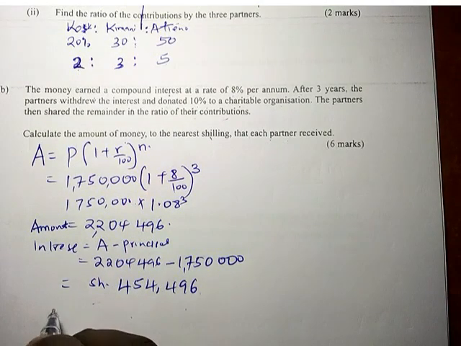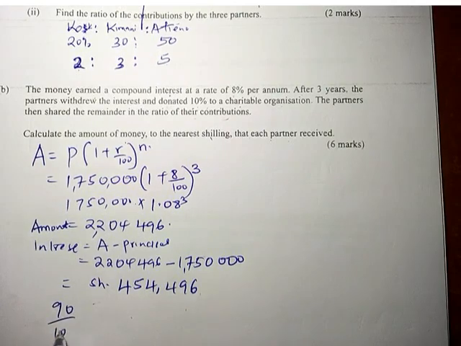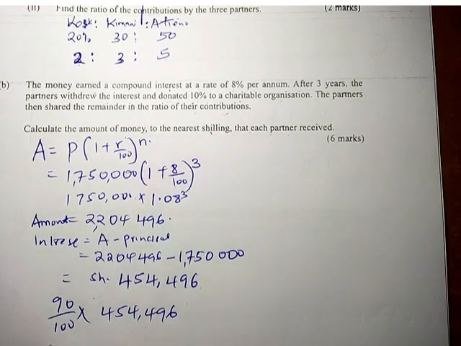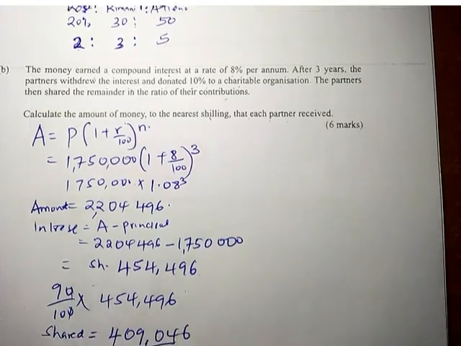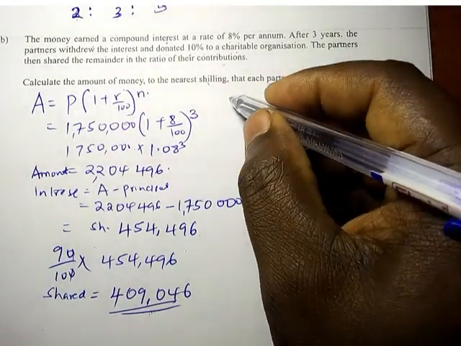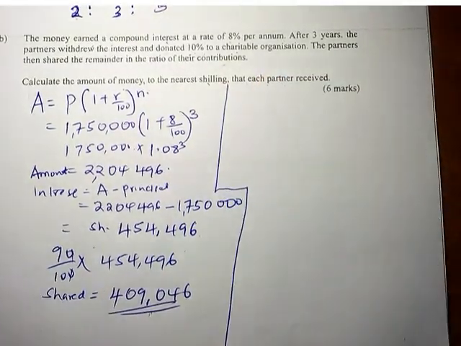So we can directly say 90 over 100 times this. So the money to be shared is equal to 409, 0.46. So this is the money that they are going to share in their ratio of contribution.